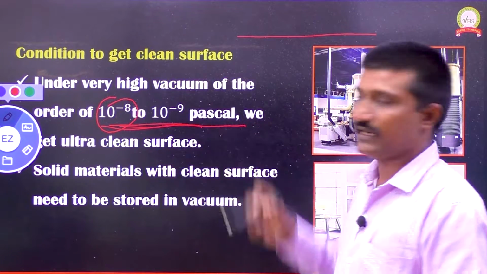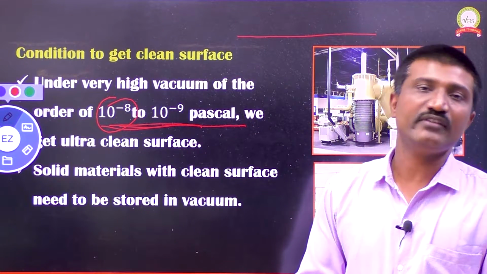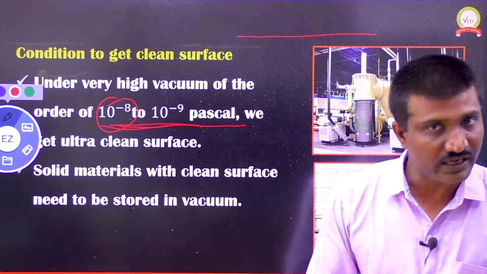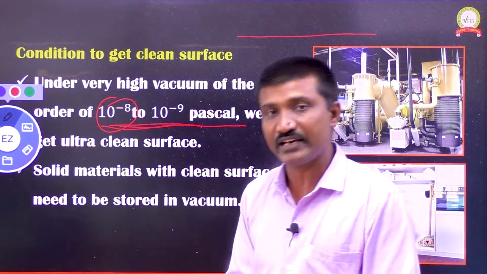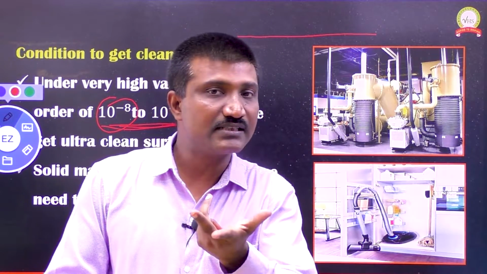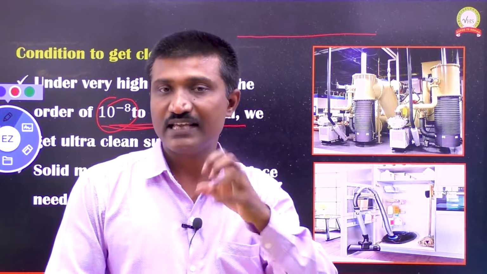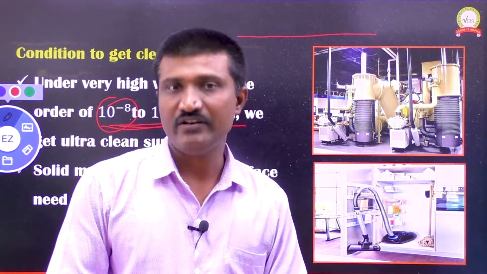If we maintain this pressure in any environment, we call that environment a vacuum, where the pressure of the gases is very low. In a vacuum, since the pressure of the gases is low, the amount of gases in that environment is also low.